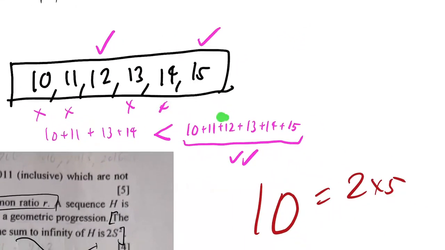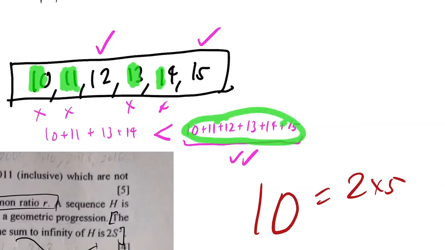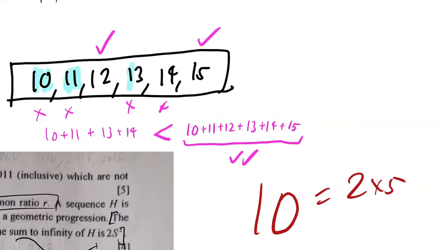Now let's say we found this answer already, how can we get the sum of these blue numbers? This orange one is all of the numbers here. What can we do to get the sum of 10 plus 11 plus 13 plus 14?